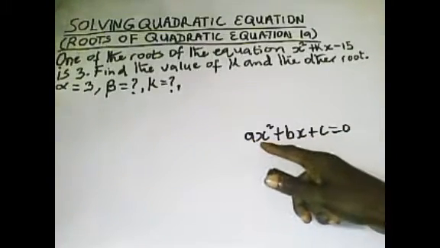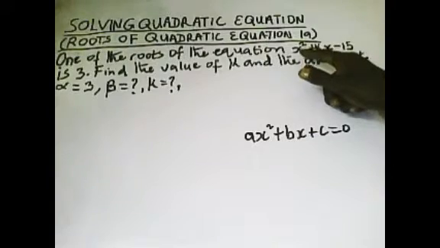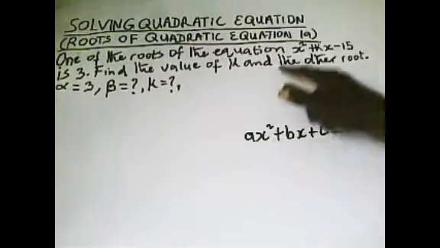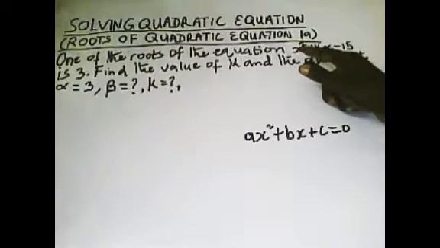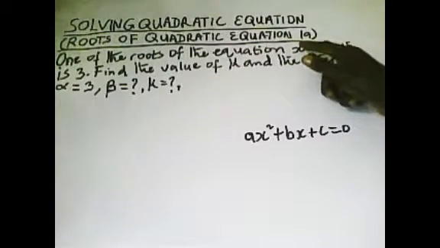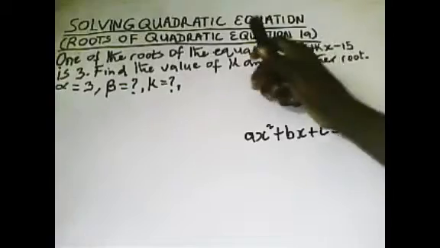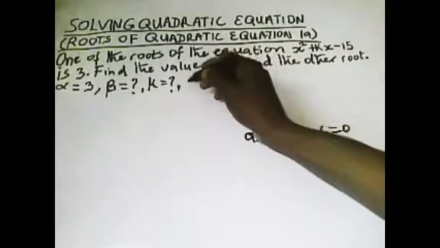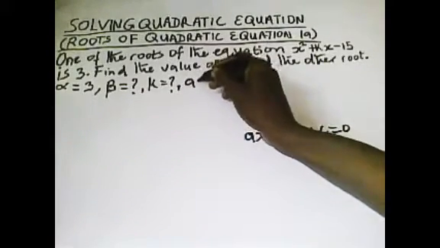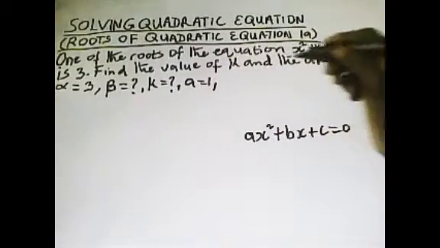If you compare what I just said to this equation, you will see that a in this given equation here is what? 1. Why is it 1? There's actually an invisible 1 in front of x squared. So the coefficient of x squared here, which represents a, must give us 1.